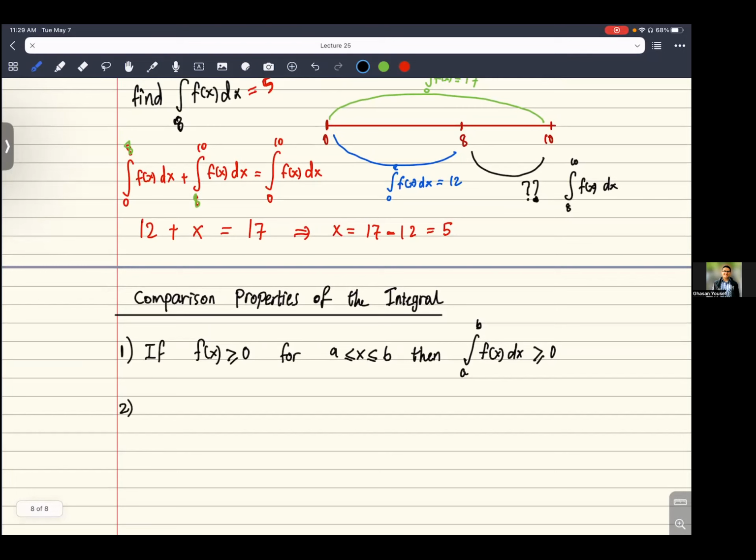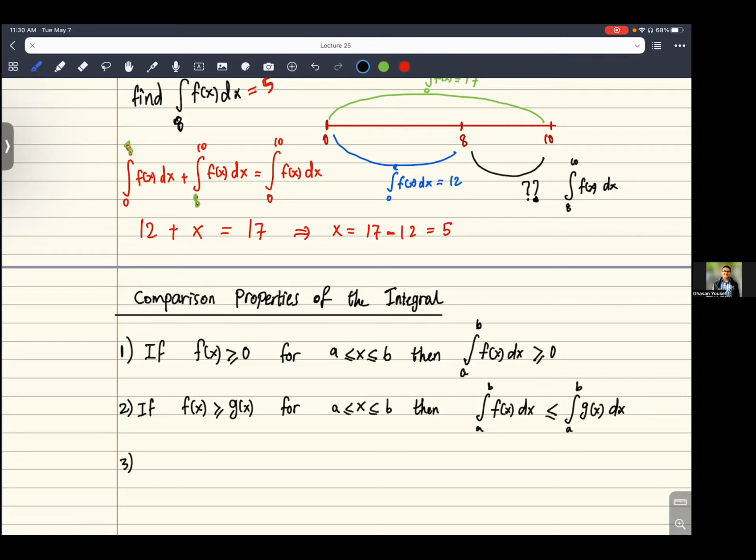Number two, if f of x is greater than or equal to another function g of x for x between a and b, then the integral of f of x dx is smaller than or equal to the integral of g of x dx from a to b. Make sense?